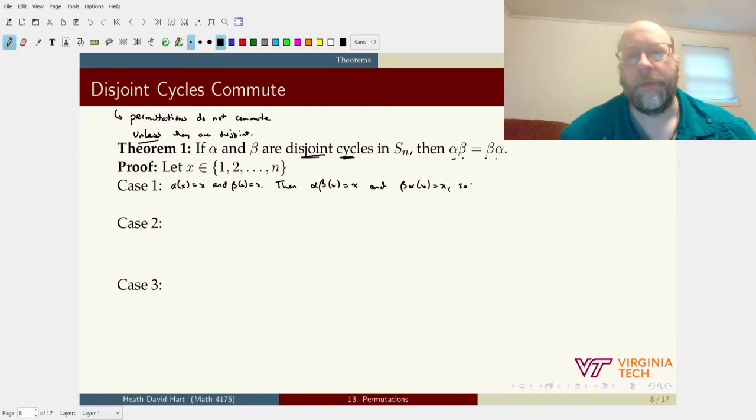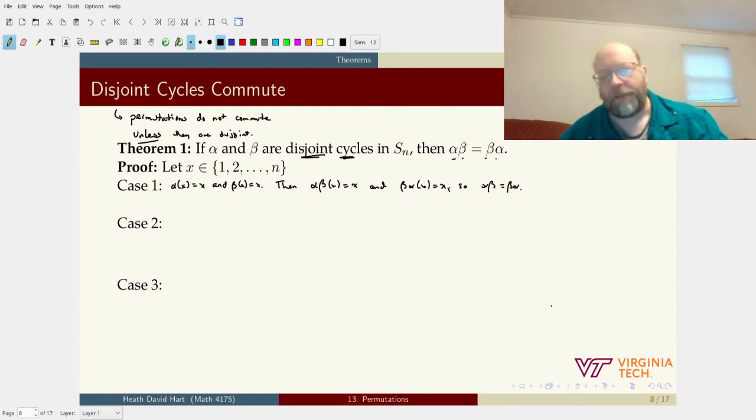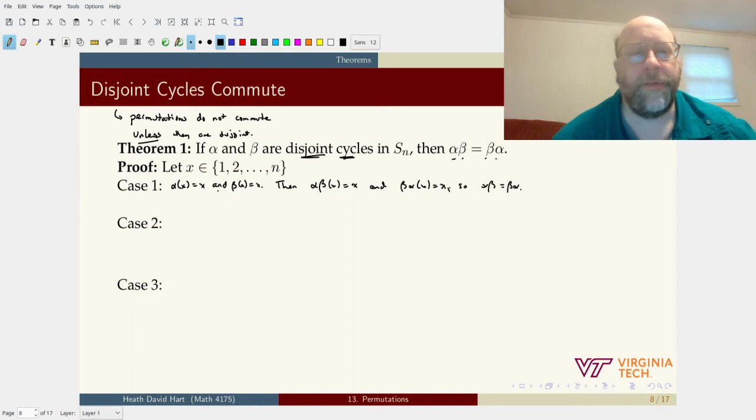So alpha of beta is equal to beta of alpha. That's the first case. That is, if we have a character that is not part of either permutation, that is, both permutations leave that character alone, then it doesn't matter which order we leave them alone in, and we're leaving it alone. And so there's nothing to happen there.